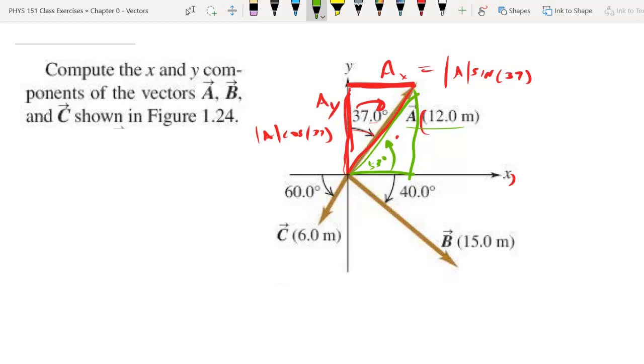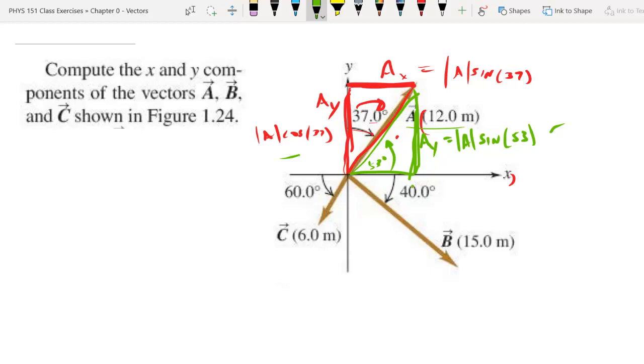If I solve this green triangle, the y component is the opposite side, so AY is A times the sine of 53, and A sine of 53 and A cosine of 37 are the same thing. You can see that in the triangles here.